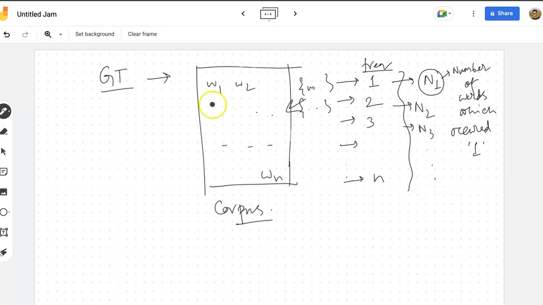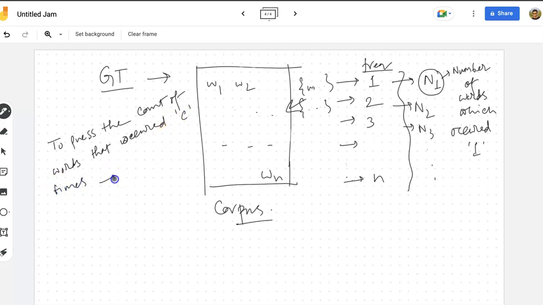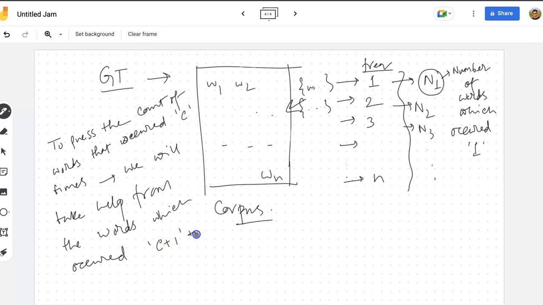Now, what does this estimate say? To guess the count of the words that occurred C times, we will take help from the words which occurred C plus 1 times. So to guess the count for words with count 1, we will take help from N2.